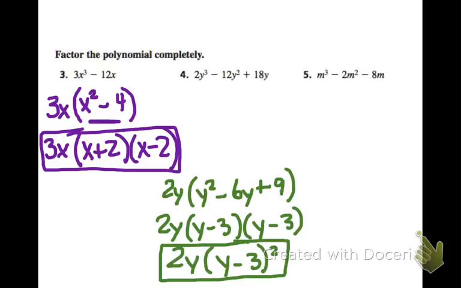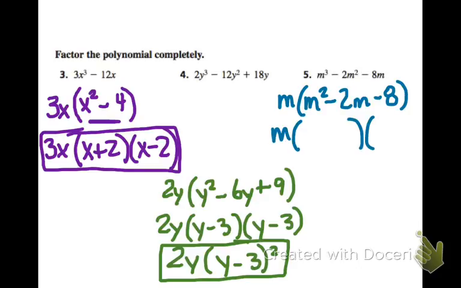And finally, looking at number 5, I have m cubed minus 2m squared minus 8m. The only factor I can pull out is an m. I'm left with m squared minus 2m minus 8. And sometimes I show my work like this, right?